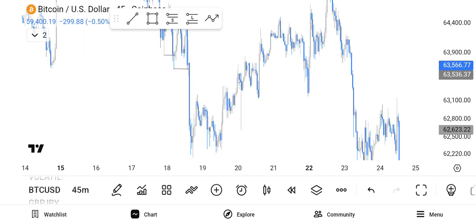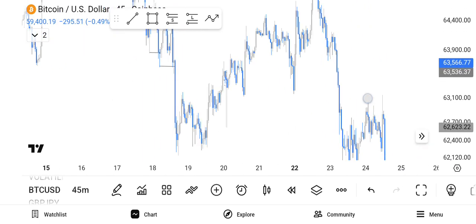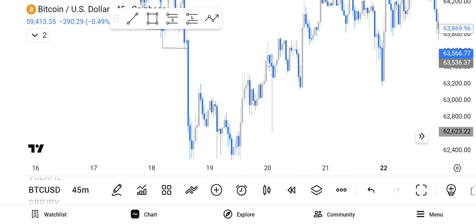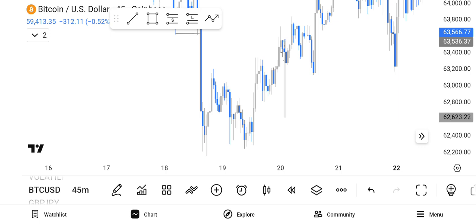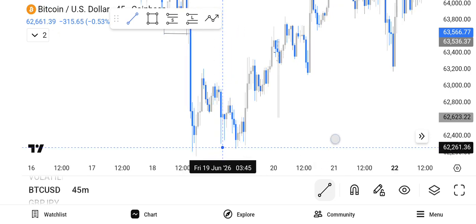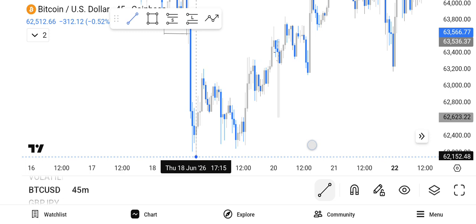Where the market starts making a shift. Now you see here, the market broke the last structure, gave us this high, and failed to take out this low right here.